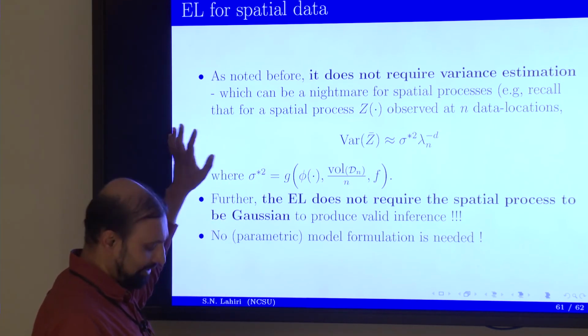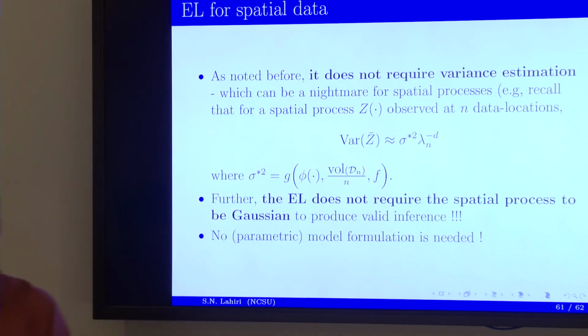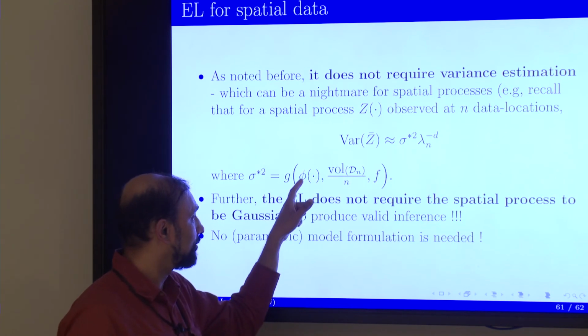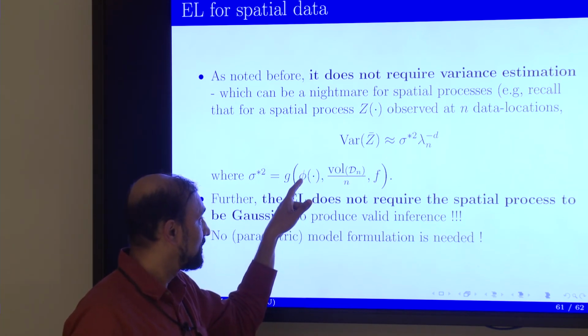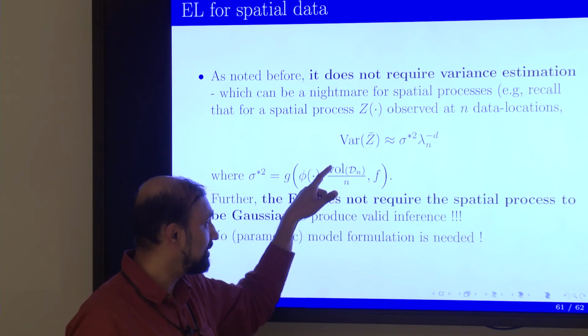And as I said, it gives valid answer, and this is a situation where it is very important because even for the sample mean, we have seen that the variance is a function of the underlying spectral density. It depends on this spatial sampling density.